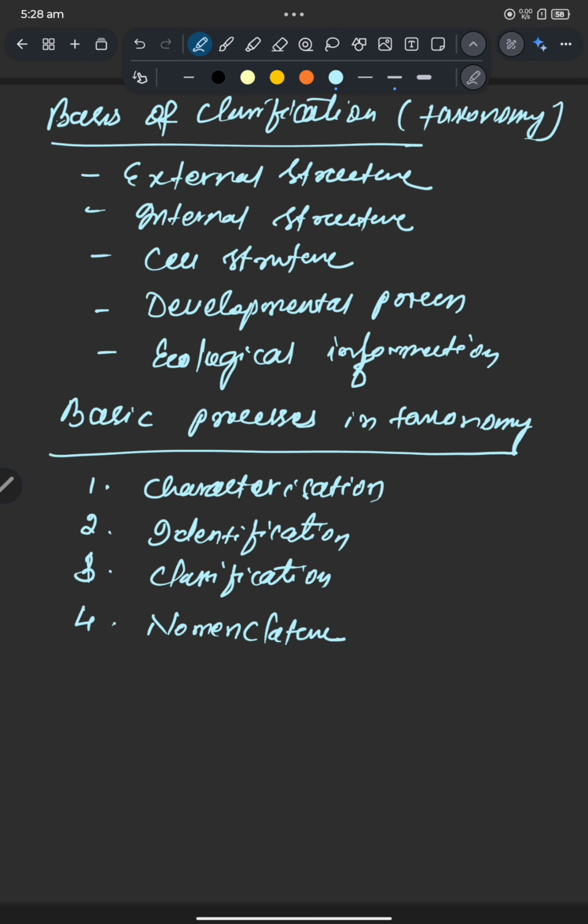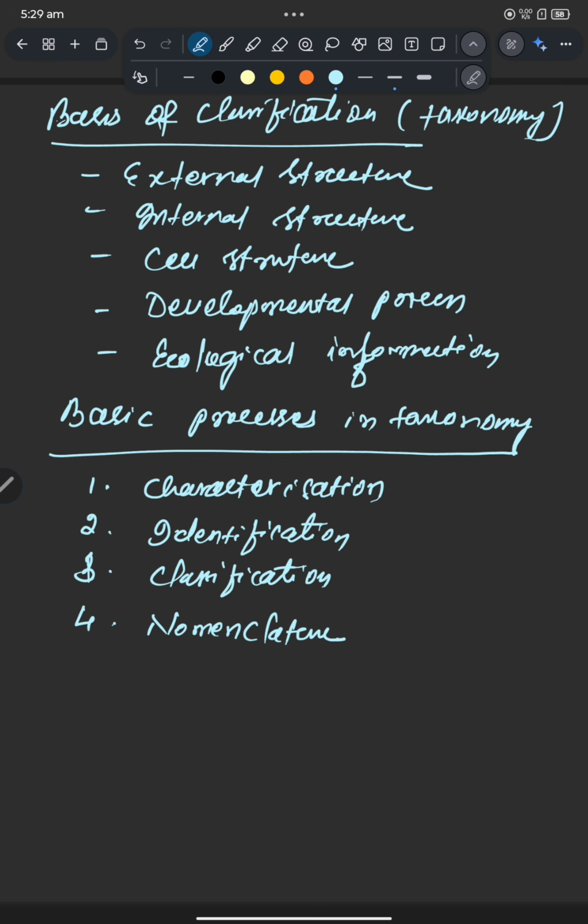If you are getting bored, then I may stop here, or I will finish this chapter. It is your wish. Let me finish this one because it is a small chapter only, and because so many chapters are there in biology as compared to your physics and chemistry.